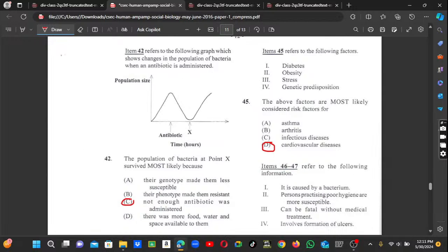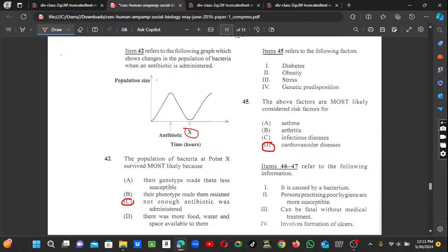Number 42. It's showing a graph here showing the population of bacteria when an antibiotic is administered. So here we have the antibiotic, we have the time and all of that. Number 42 says the population of bacteria at point X, right here, survived most likely. Why did the bacteria survive?